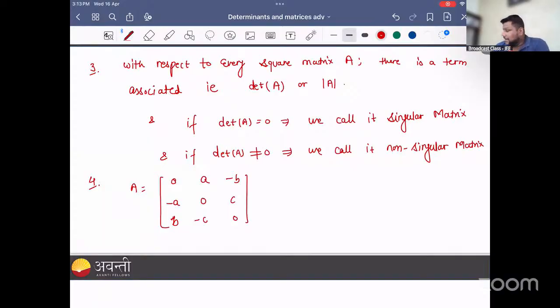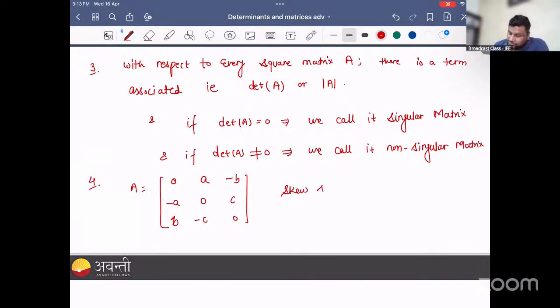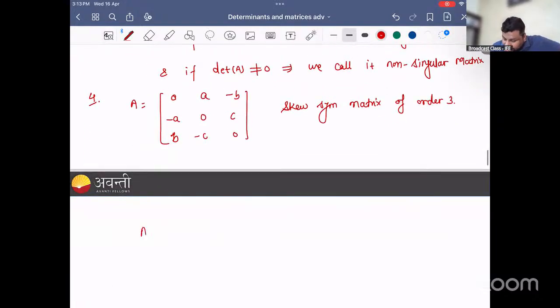Is there any particular variety behind this kind of matrix? Sir, is it a skew matrix? Yes. This is a skew symmetric matrix of order 3. Correct.